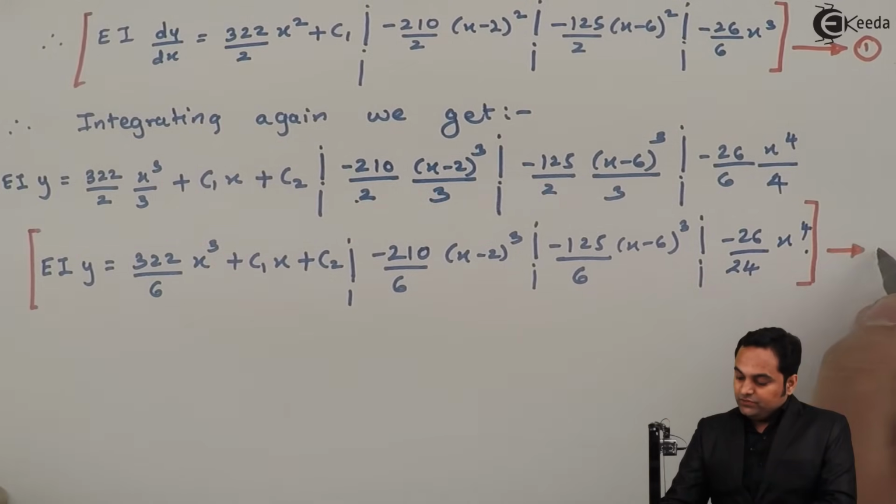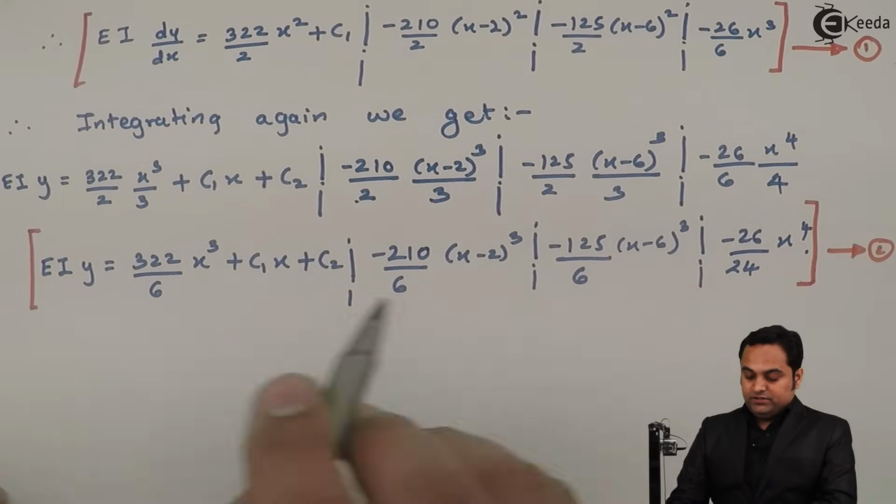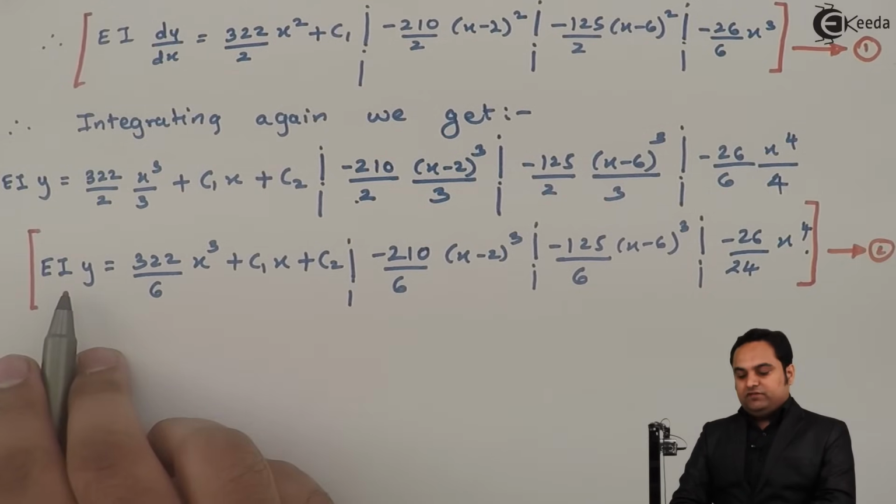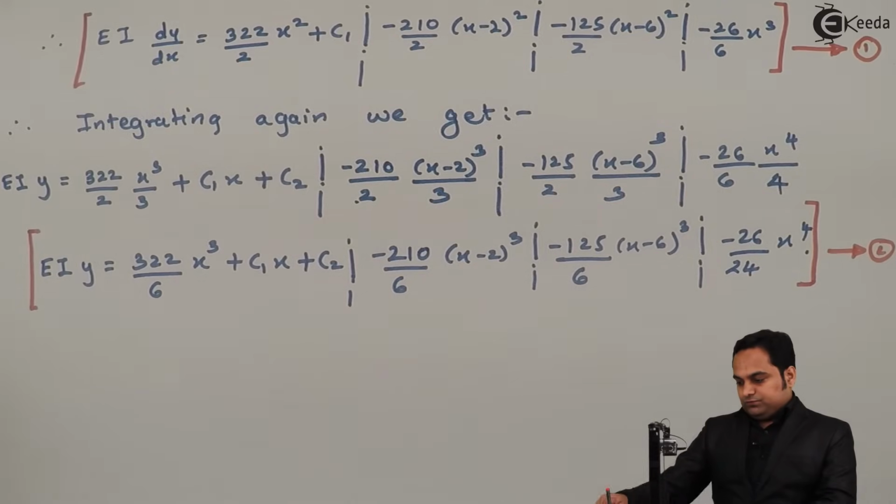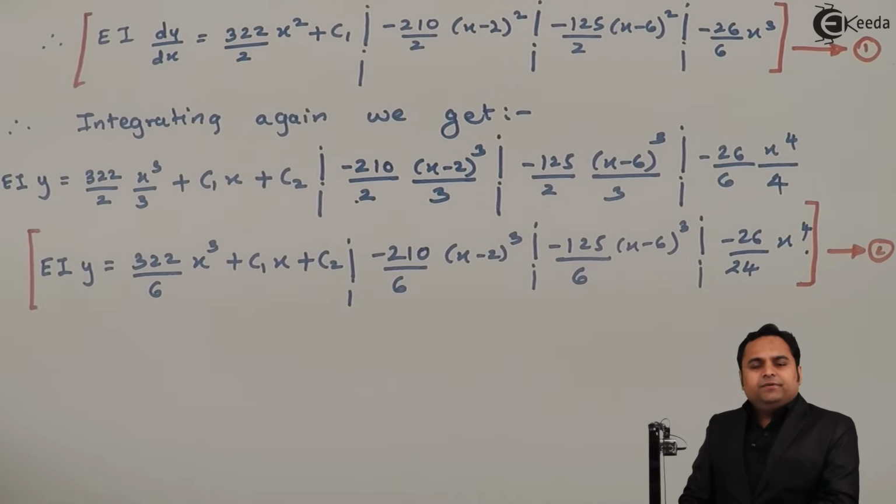this will be the second equation, and in this we have y, which is called deflection. But now when we look at equation 1 and equation 2, in both the equations there are constants c1 and c2. So we need to find out the values of these constants, and that can be calculated by using the boundary conditions.